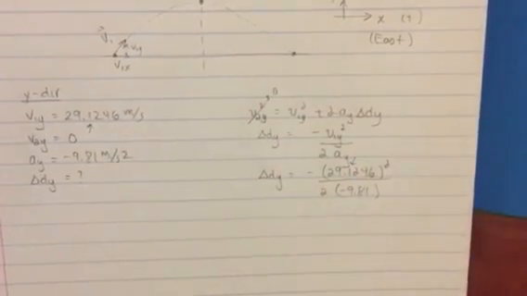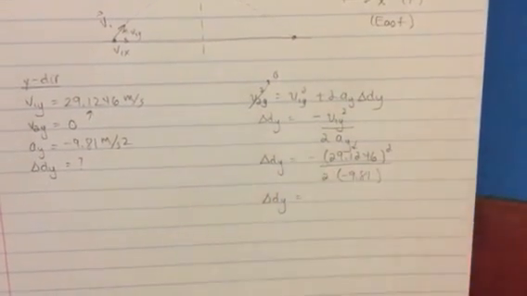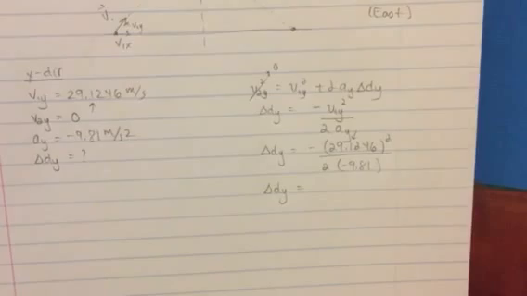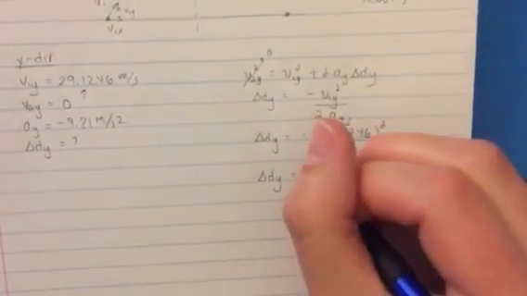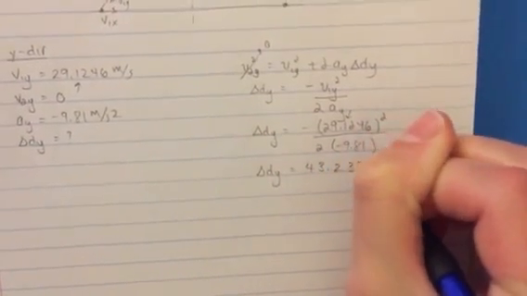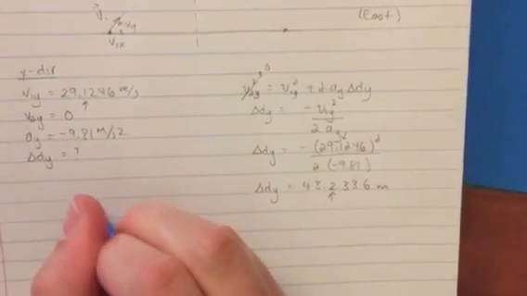And I'm dealing with 3 significant figures for that calculation. I'm going to end up with a positive number, which is good because obviously that maximum height is in the positive y direction. And my final number will end up being 43.2336 meters, rounded to 3 significant figures.